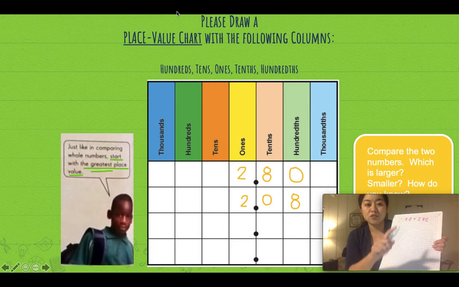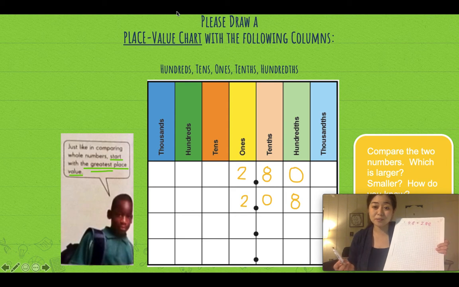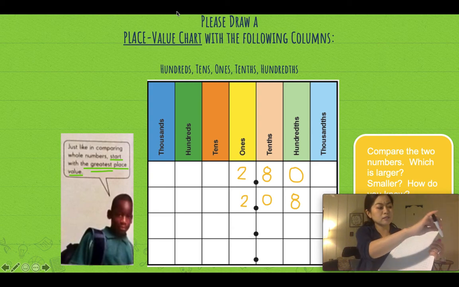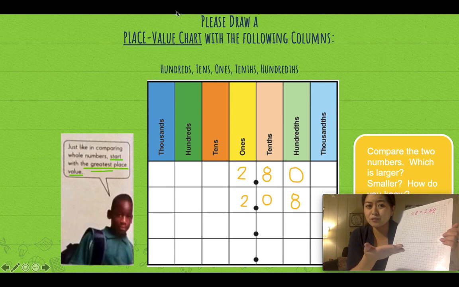So remember this student here who helped us to compare numbers on a place value chart. We always need to start with the greatest place value first. And in this case, what's the greatest place value that you see in the place value chart where the numbers are? Obviously, thousands is the greatest one, but there's no numbers in the thousands column, right?